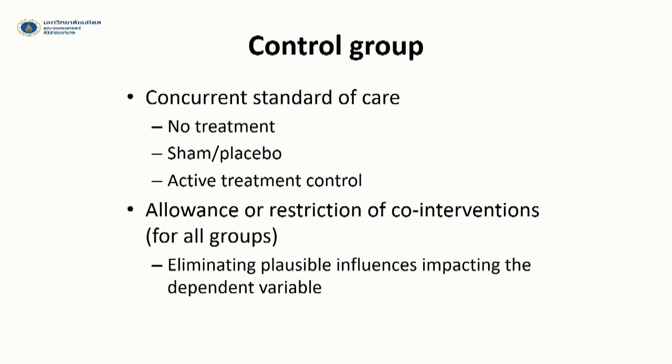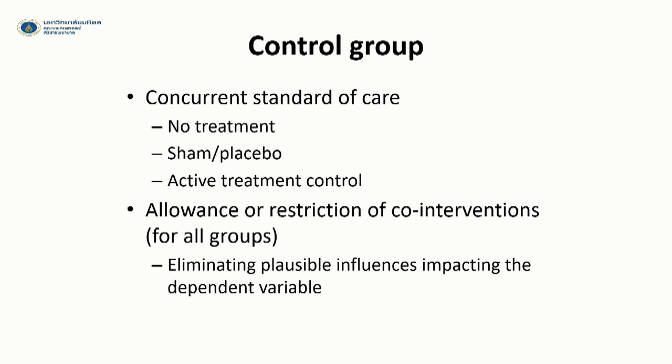Okay, terminology that we want you to understand. In the control group, you can have no treatment at all. For example, when I follow a hypertensive patient, no treatment means that you don't give them anything.